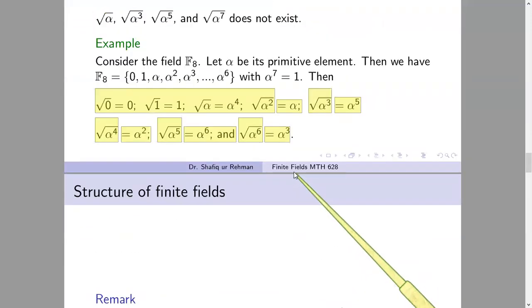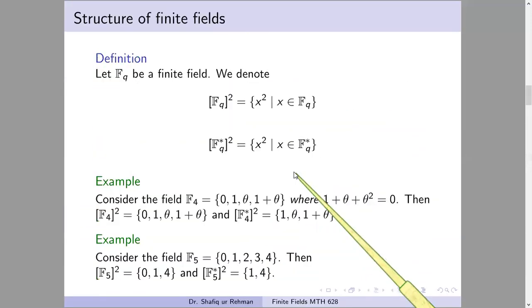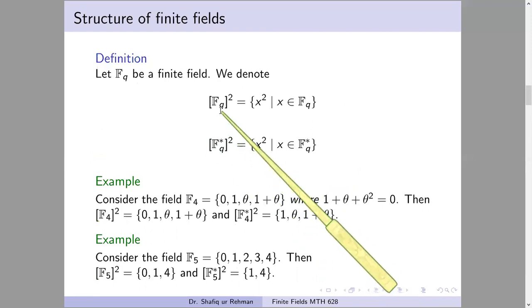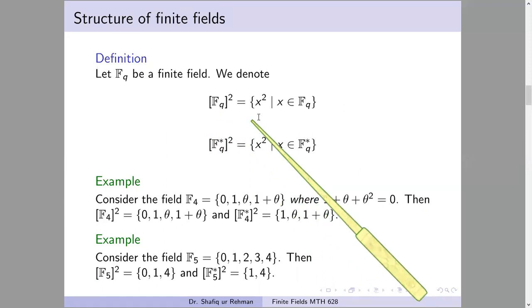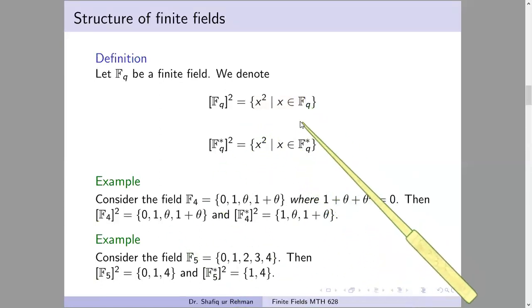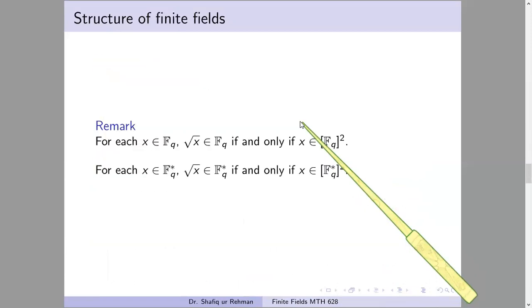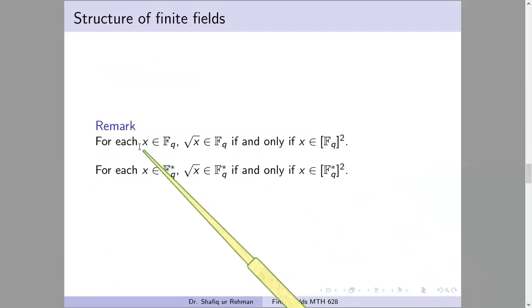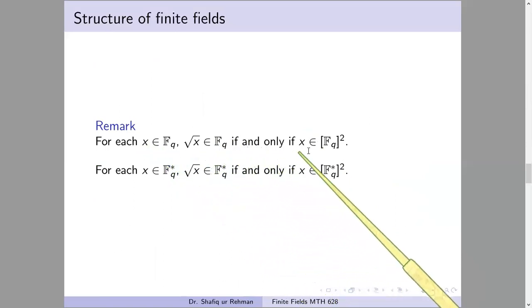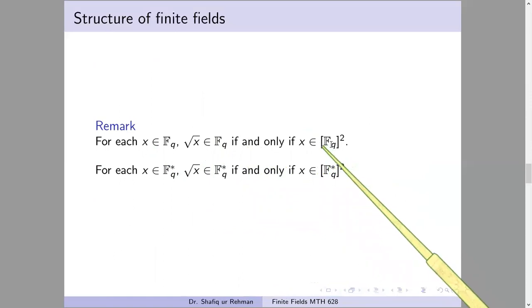If we relate this square root with the definition of squared elements, and observe this deeply, you will notice that only those elements have a square root which belong to this set, which are squares of some elements. It's obvious. So we make this remark that if we take any element of FQ, then its square root exists in FQ if and only if that element belongs to this squared set.